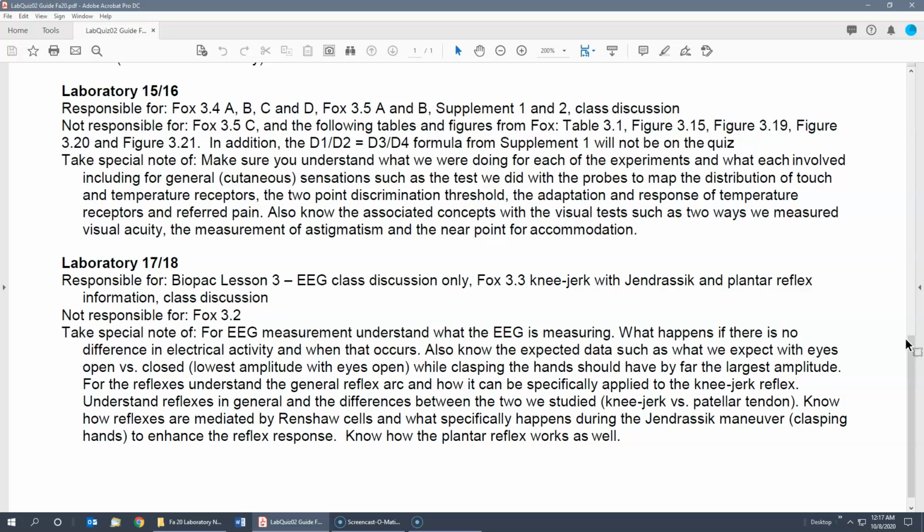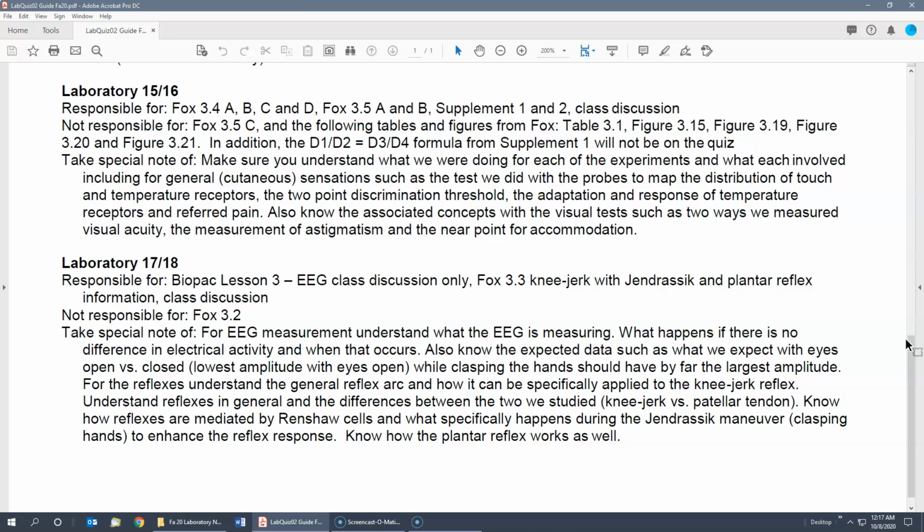You're not responsible for FOX 3.5C and also the following tables. So table 3.1, 3.15, 3.19, and then figure 3.2 and 3.21. So those look at like the eyeball structure and some of the things that I think are more anatomical, and you're not responsible for them.